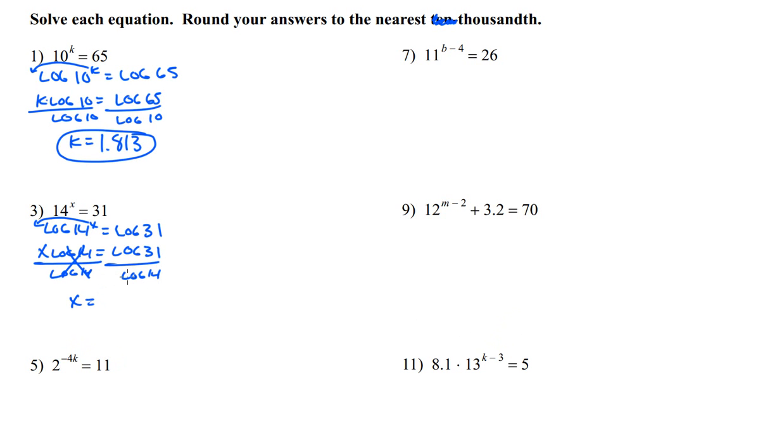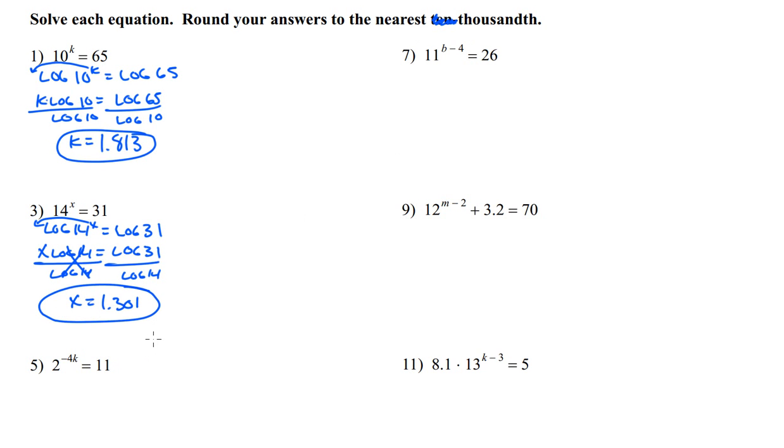And we get x equals log 31 divided by log 14. Log 31, divide by log 14, and that gives us 1.301.